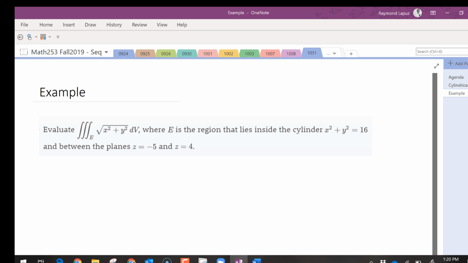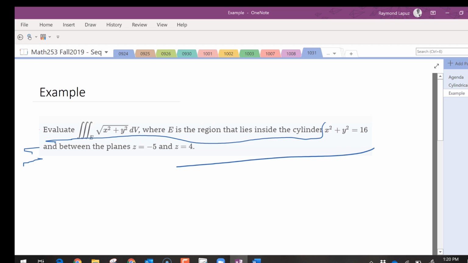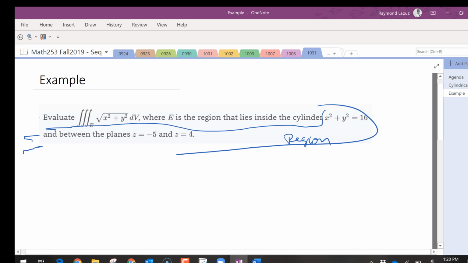What we're visualizing is the region which is inside of the cylinder and between a couple of planes. So that's a fairly easy solid to visualize.